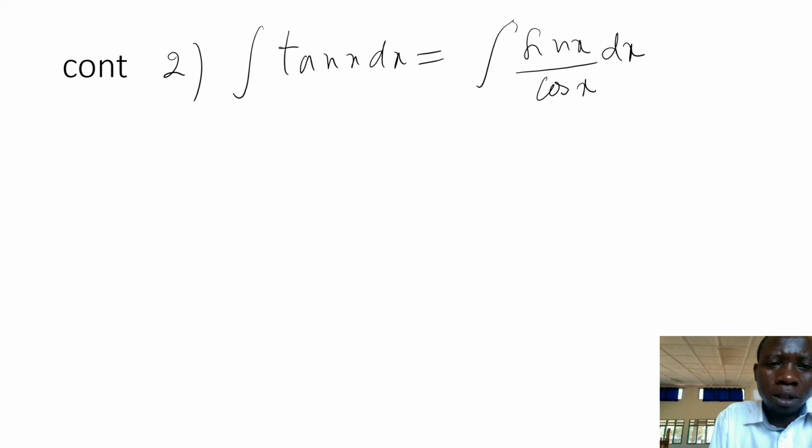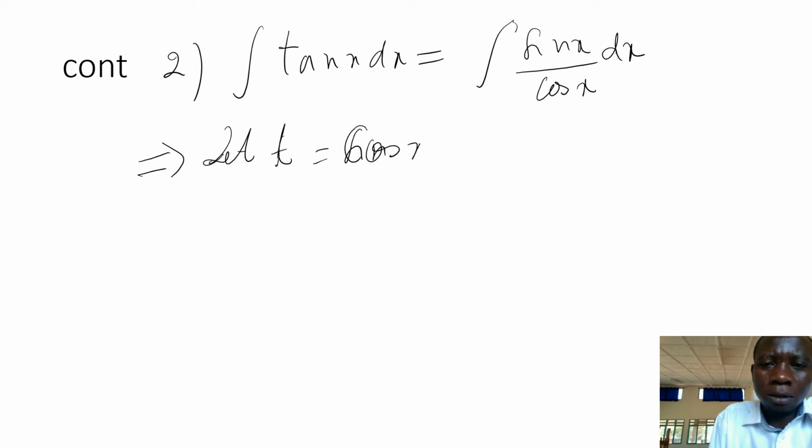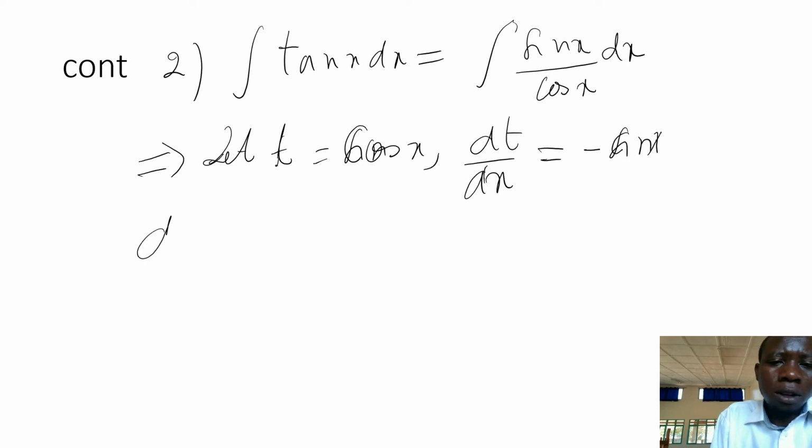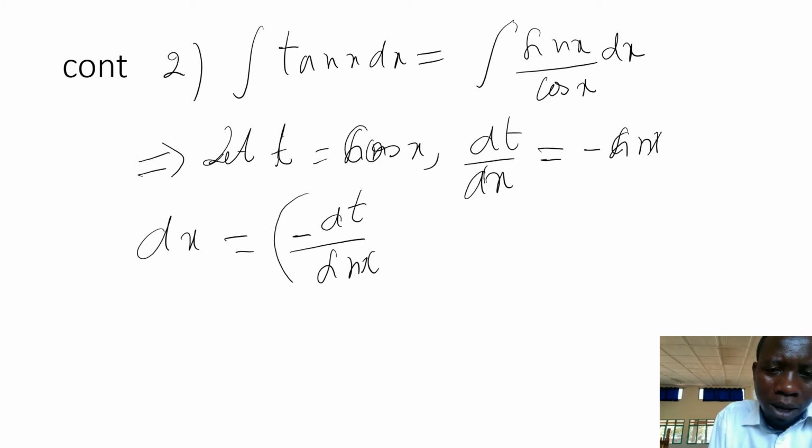Let's say that let t be sin x. dt/dx will become cos x, and the dx will be dt over cos x. So x will be replaced by this one, and the sin will be replaced by this one.